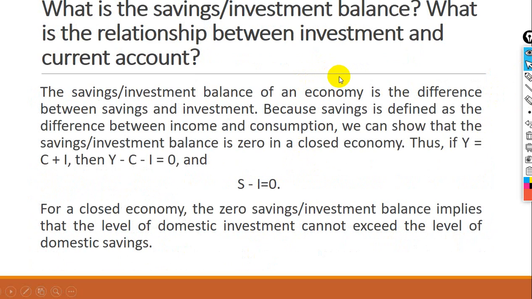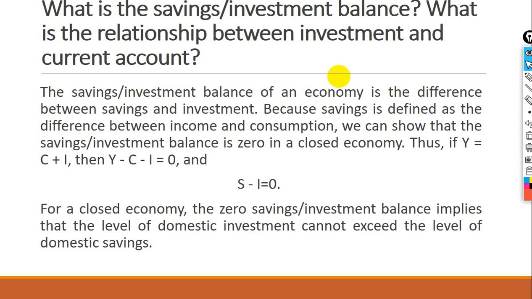Part number 2. What is the saving investment balance and what is the relationship between investment and current account? From its name, saving investment balance is the difference between savings and investments.